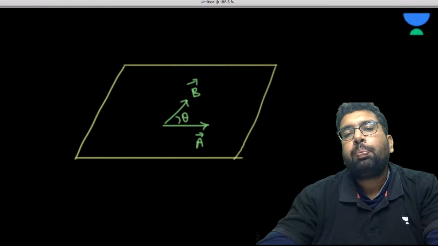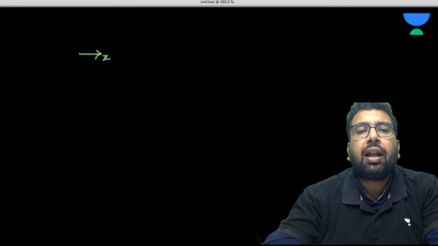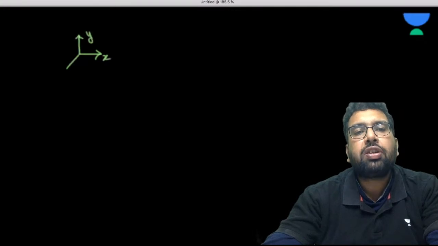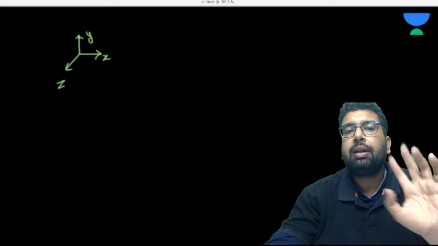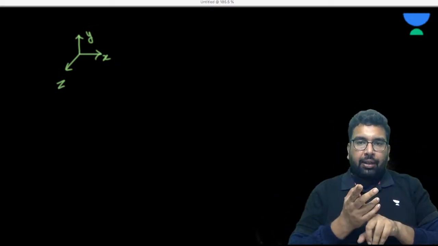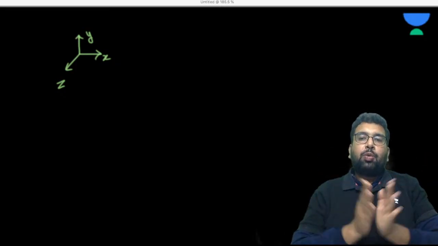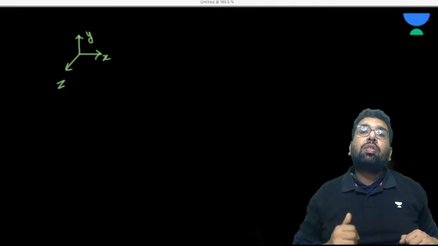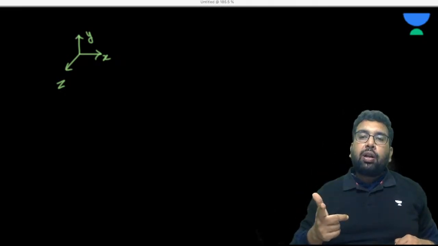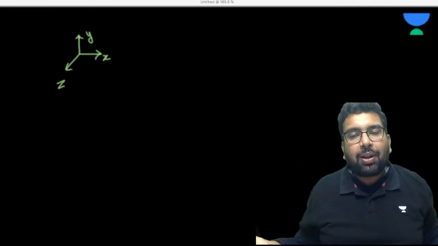Okay. Now please understand this. See, this is x. In general, I'll give you x, y, and z. So how many planes are there? Three planes. The xy plane: if two vectors are lying in the xy plane, what will be the direction of the cross product? It will be in the z direction, because z is perpendicular to the xy plane.